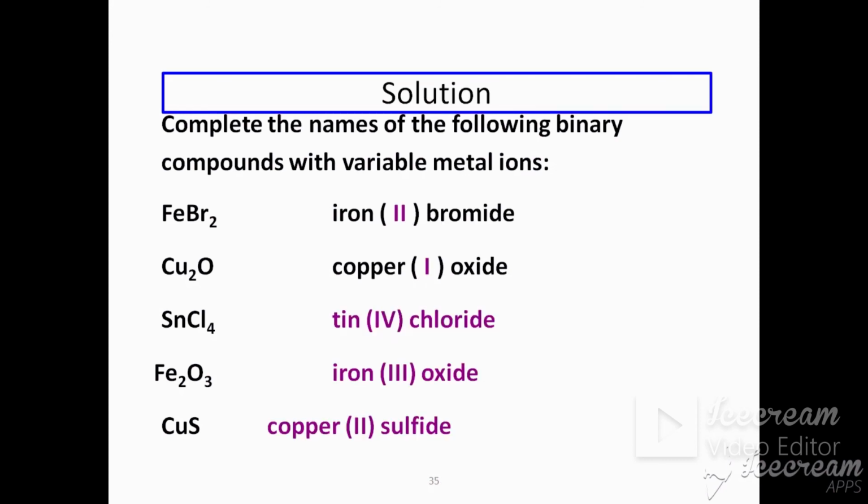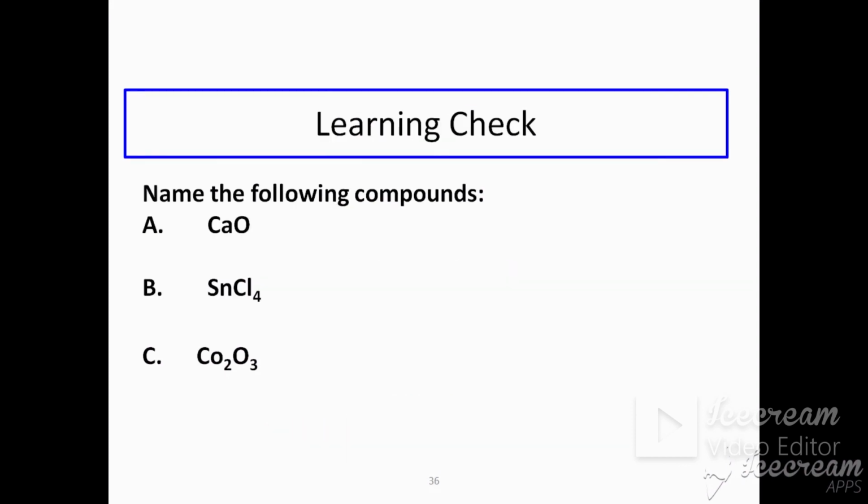Solution: FeBr2 iron(II) bromide, Cu2O copper(I) oxide, SnCl4 tin(IV) chloride, Fe2O3 iron(III) oxide, CuS copper(II) sulfide.